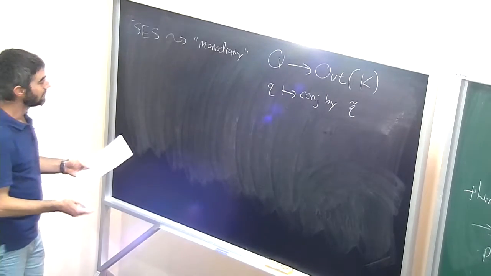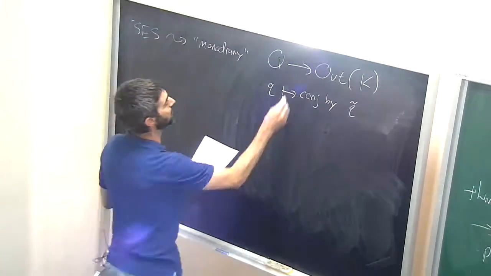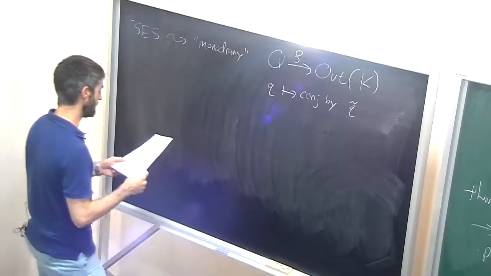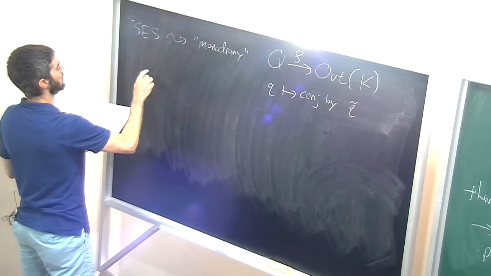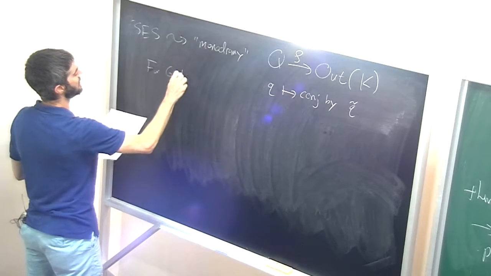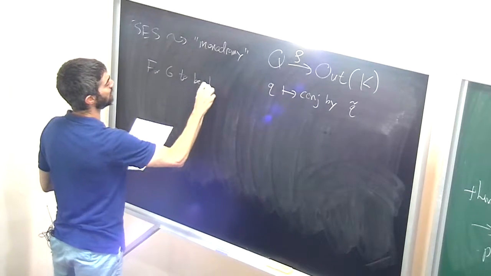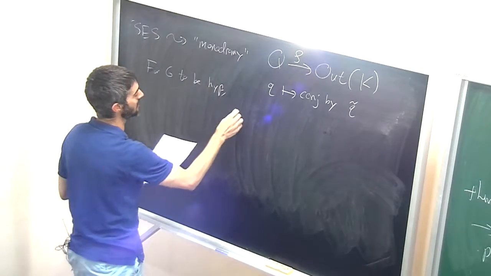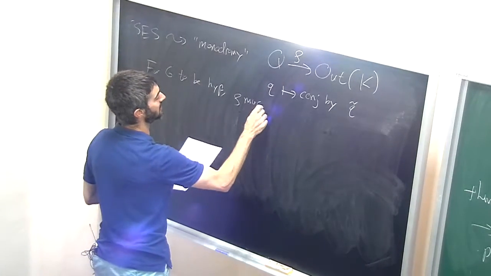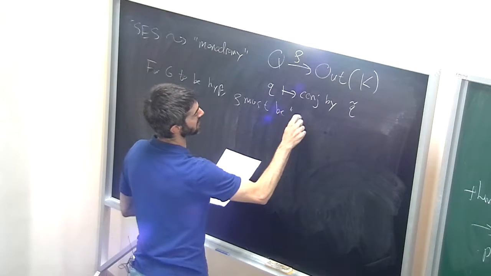And I call this rho. And maybe let me just say that for G to be hyperbolic, by "it depends" I mean that rho must be sort of complicated.